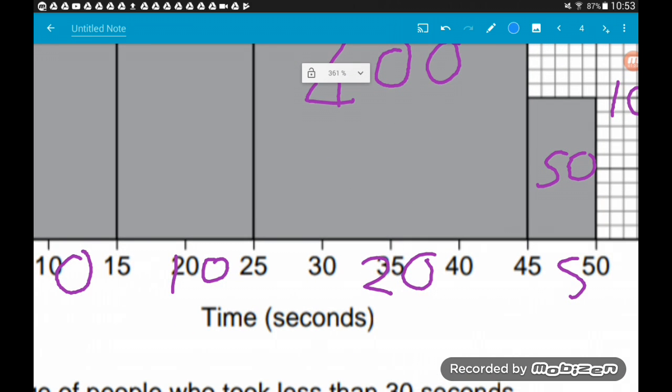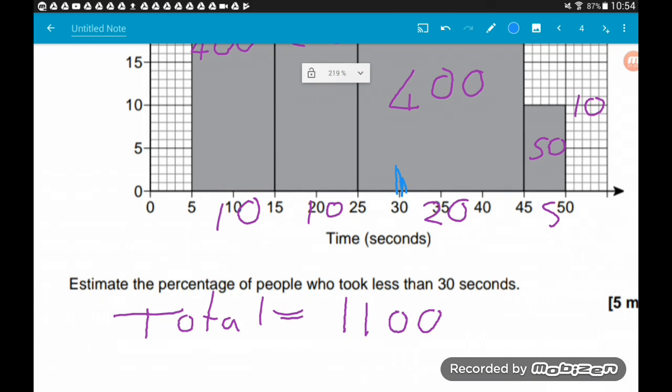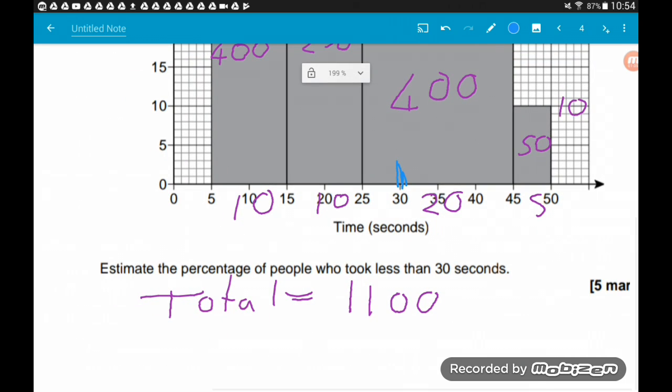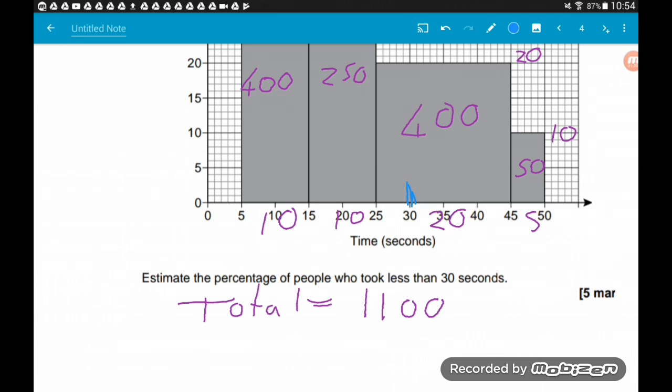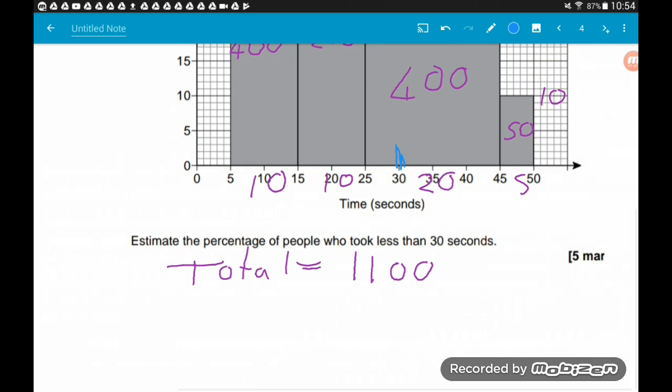First of all, on the x-axis, it's here. So we want to find the people that took less than that, or an estimate of. Remember, we can only get an estimate. So we're having both of the total numbers from the first two bars.